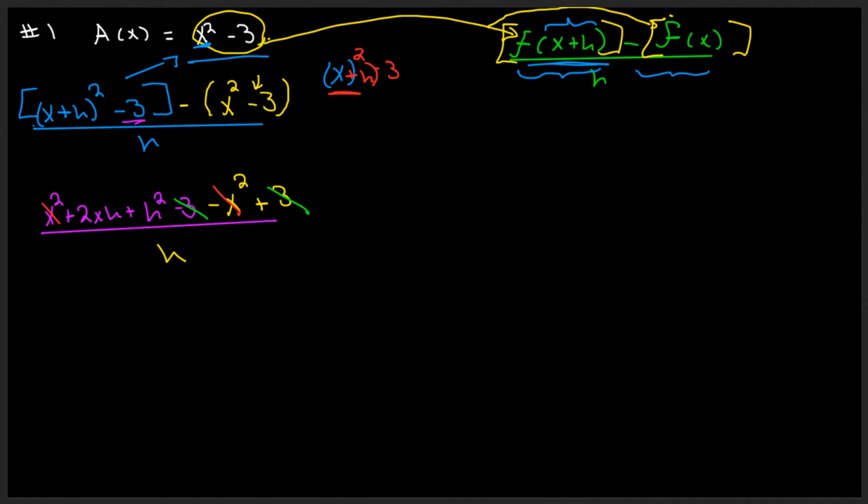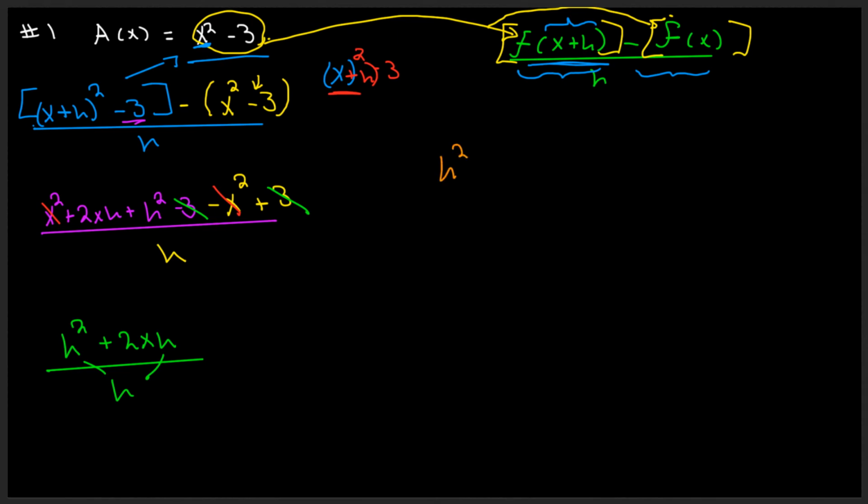So what you are left with is h squared plus 2xh over h. And you could think of this as a three-way cancellation of your h to take an h out of everything, but you are in fact skipping a step when you do that, and I will go ahead and elaborate that step here.